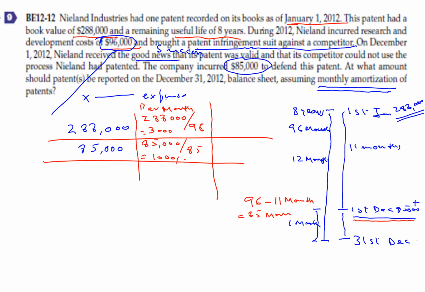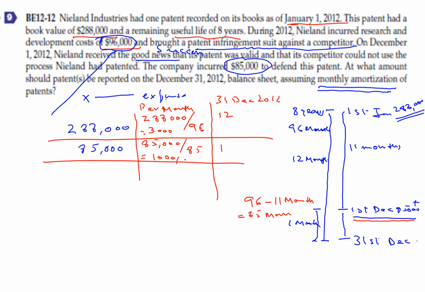So at the year end, 31st December 2012, we know that this asset has been amortized for 12 months, and this asset has been amortized for how many months? This was incurred on 1st December. By 31st December, it's a period of 1 month.